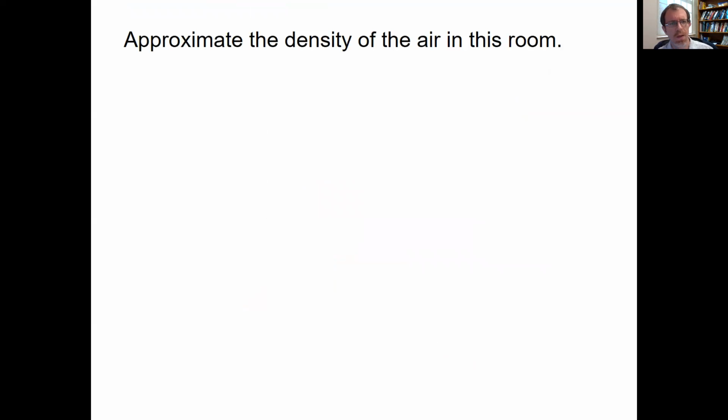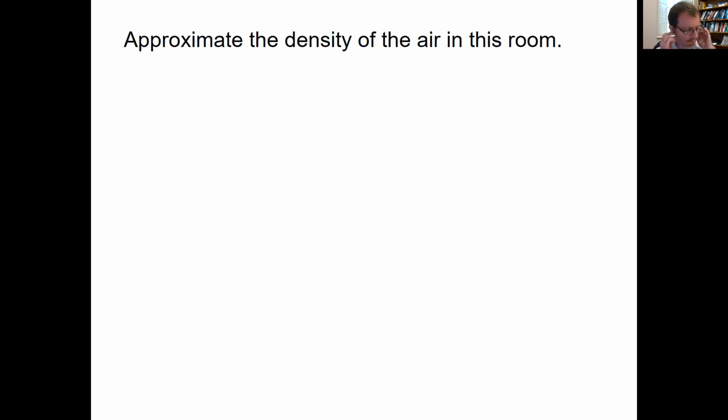So let's see about using this. My question says, approximate the density of the air in this room. Obviously I'm in my office right now. If I were in the classroom, there's a whole visual demonstration here. I use something called the Physics Toolbox Suite app and the barometer on there to measure air pressure at the floor of my office, and also to measure the air pressure on the surface of my desk.